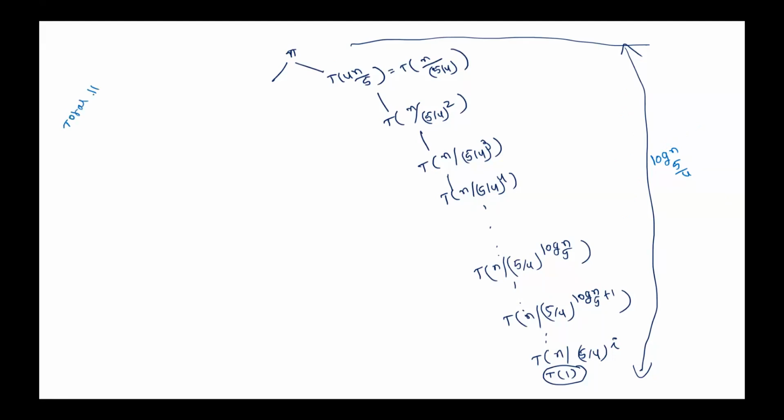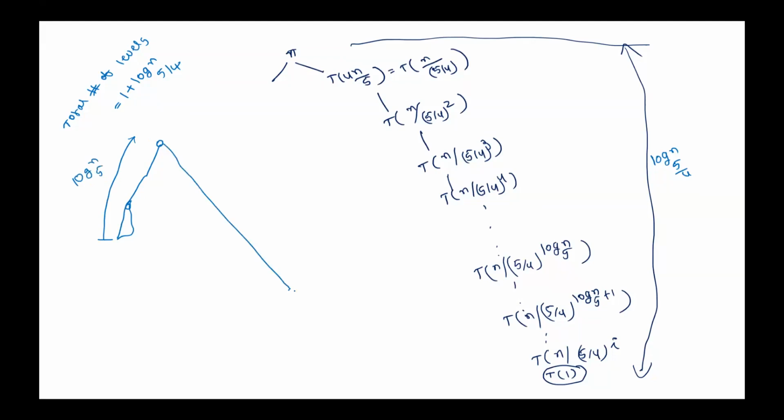The total number of levels is 1 plus log n base 5 by 4. Now on one side it stops when the height is log n base 5.